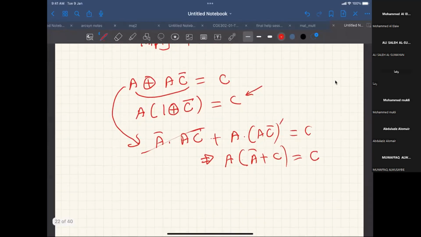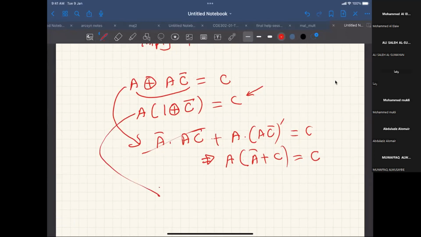So basically, if we take this route here, we will have A, 1 XORed with C complement is C, and that is equal to C. When will this equation be true?